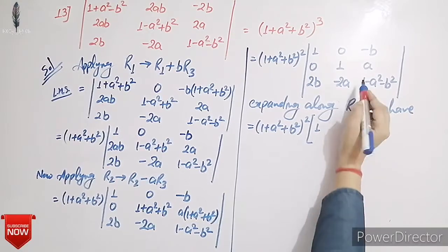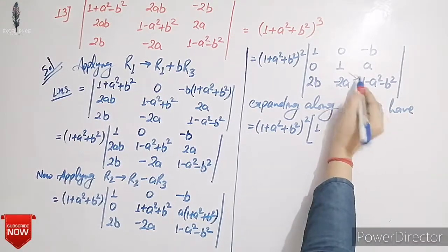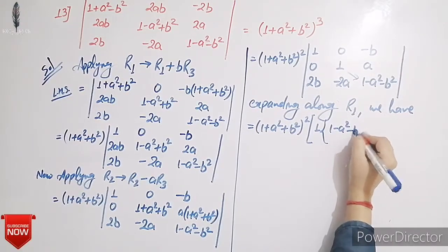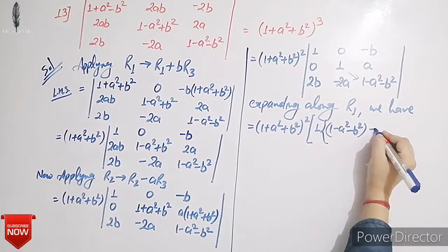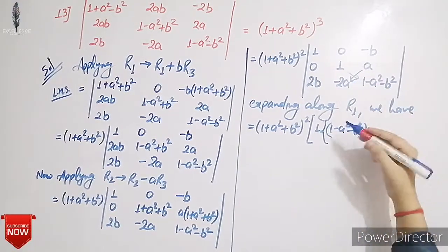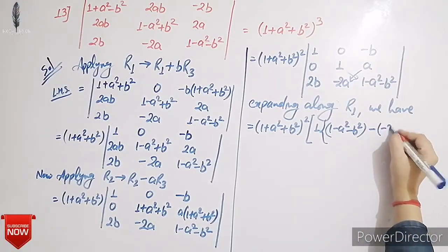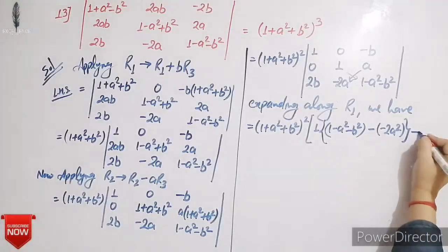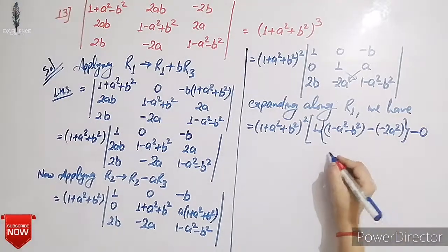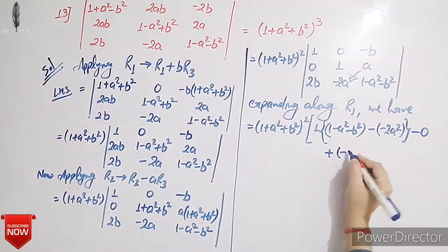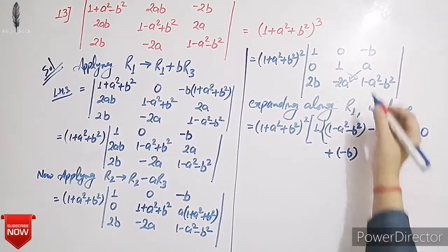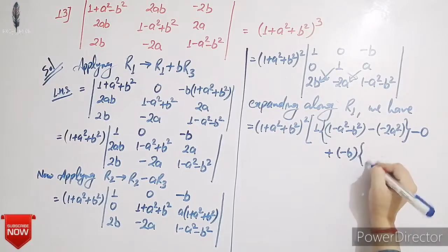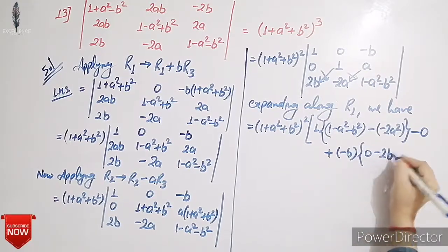1 into this. So here 1 minus a square minus b square, minus a into minus 2a, that is minus 2a square, minus 0, plus minus b into now this block, and 0 into this, that is 0 minus 2b.